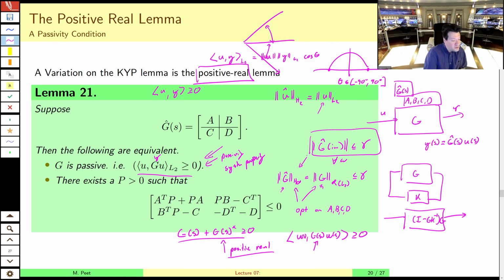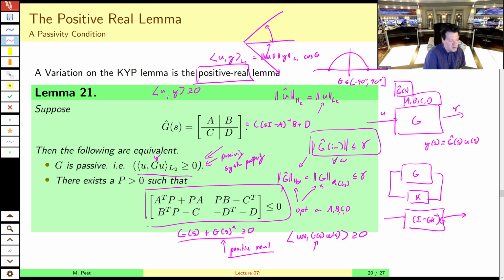And then, of course, the idea here is that this can be related through an optimization problem to the system ABCD, the state space representation itself. And here, if you may recall, this is C times sI minus A inverse B plus D. All right, and that's the transfer function. So this is another LMI which relates those two terms. This one I will not prove, but you can prove it if you like.